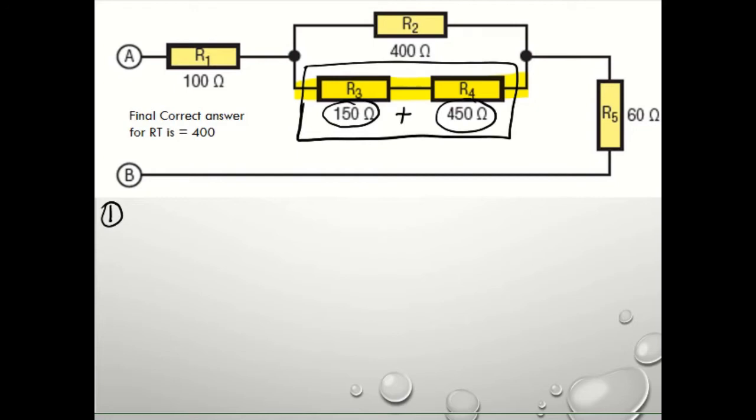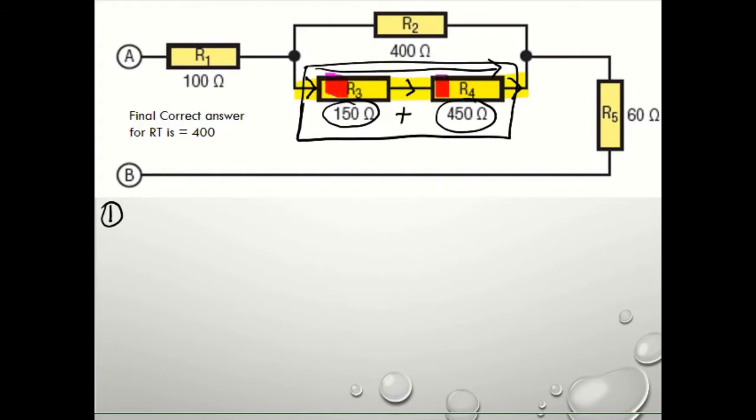How do you know if something is in series or parallel? Well, R3 and R4 are in series because the current flows constantly through R3 and constantly through R4. So the current in this circuit is constant.